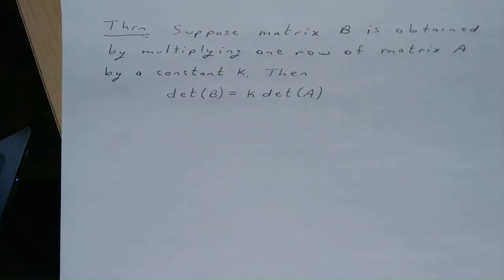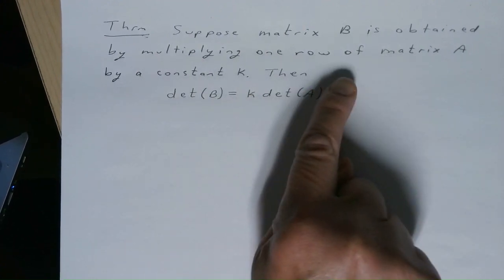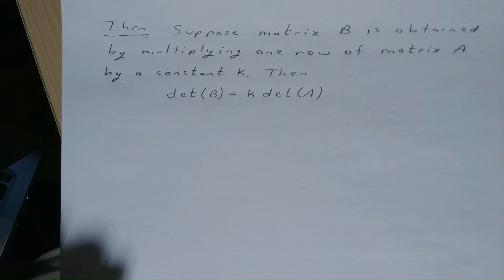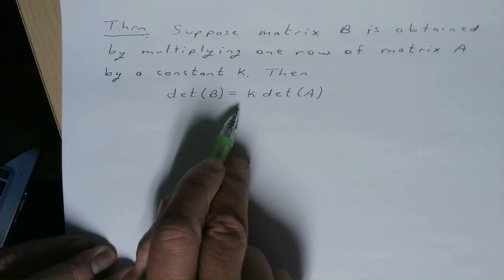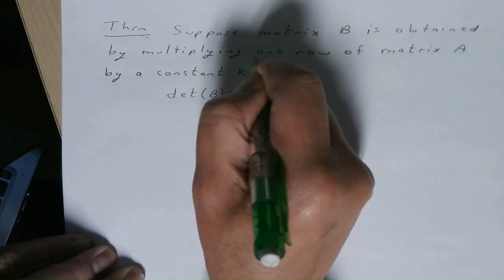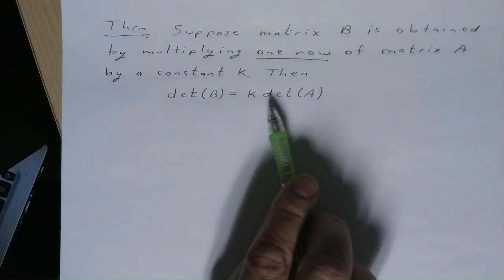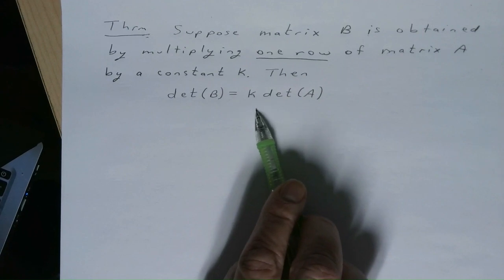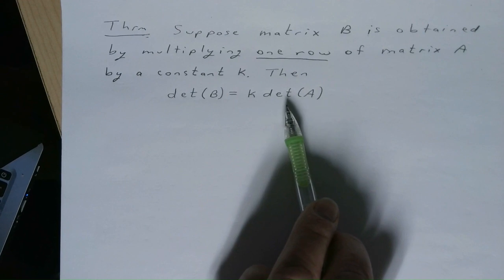Here's a theorem closely related to the last theorem. This one says that suppose a matrix B is obtained by multiplying one row of a matrix A by a constant k, then the determinant of B will be equal to k times the determinant of A. So instead of multiplying the whole matrix by a constant, here we're multiplying just one row by the constant.